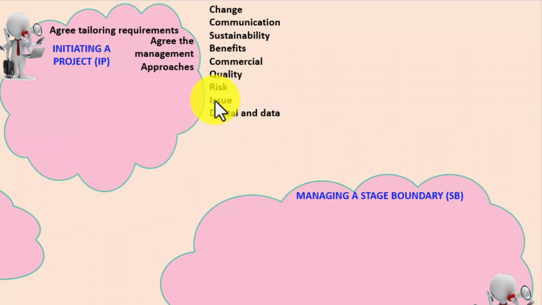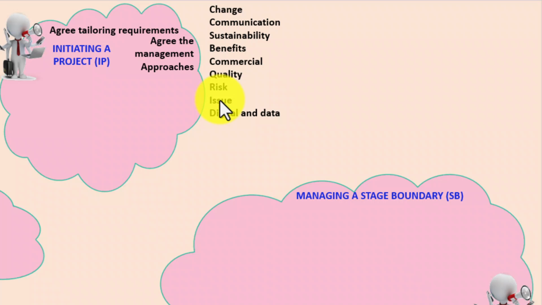Now, in PRINCE2, one of the old practices from the 6th edition PRINCE2 was called the change control approach, which was always a bit of a misnomer because changes are a subset of issues, as we're about to look at very shortly. So the issue management approach describes how issues will be captured and reported and explain how changes to the project baseline will be assessed and controlled.